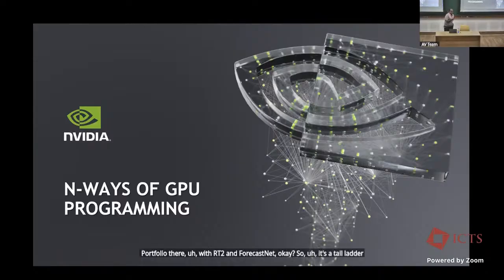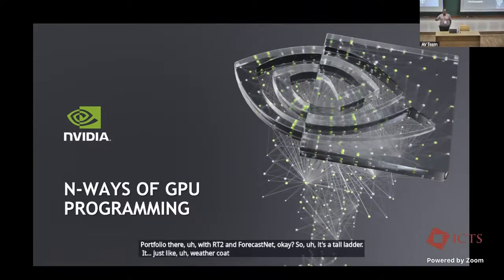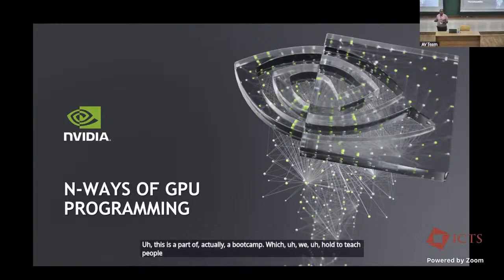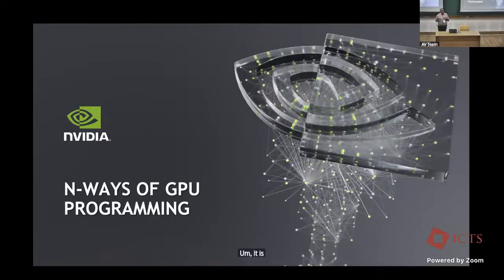Just like weather code, it transgresses multiple scales actually. So we start with very basic, and this is actually a part of a boot camp which we hold to teach people about GPU programming. So it is important for you also to hear.